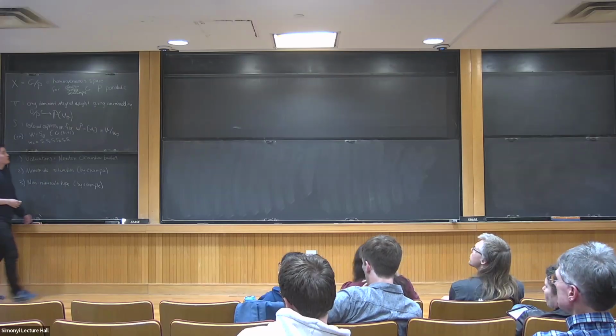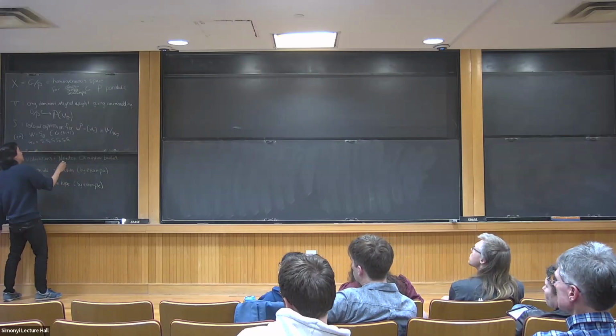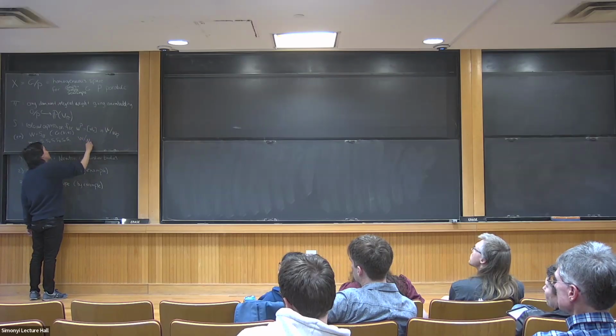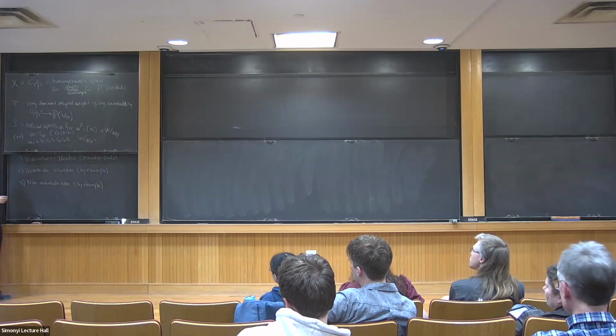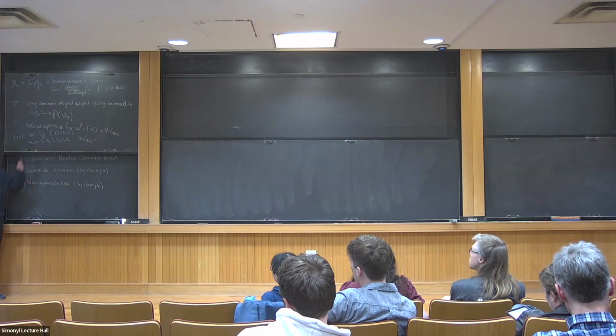And then you look inside of this parabolic quotient, W mod W_P, where this parabolic Weyl group is all the words you can get without using a particular simple reflection.